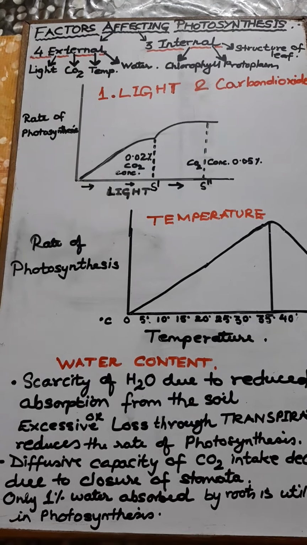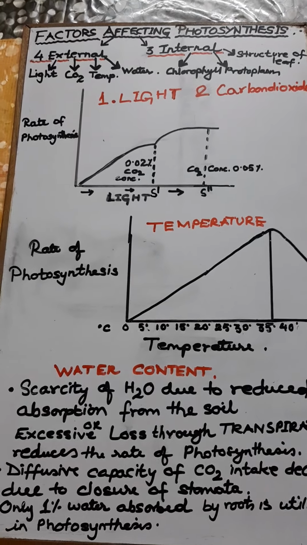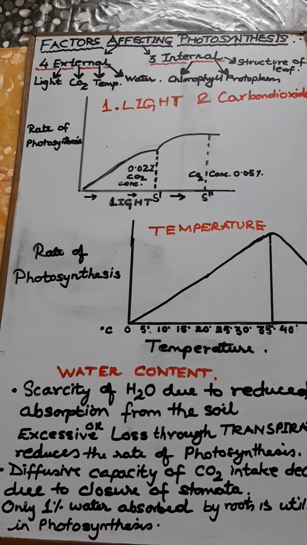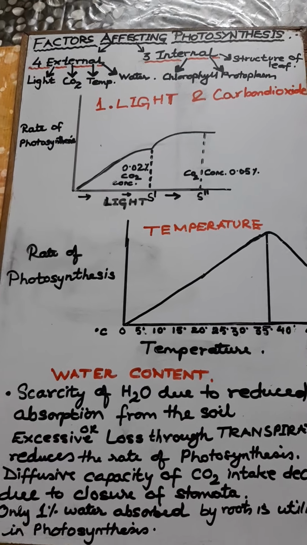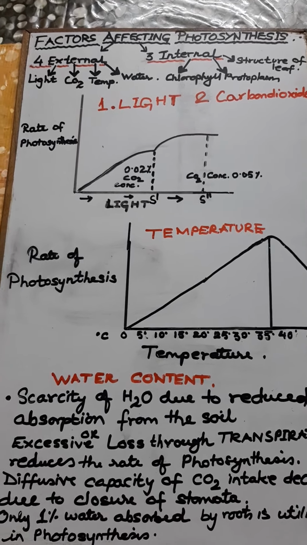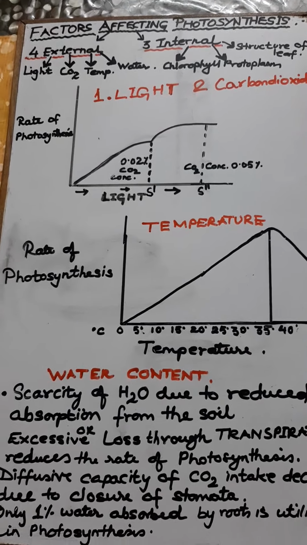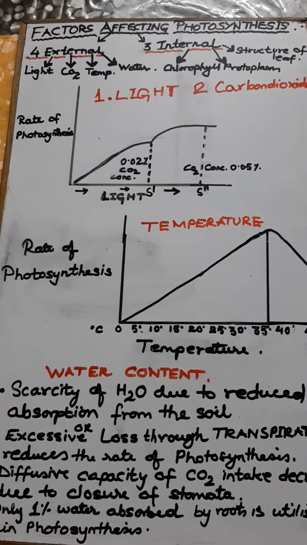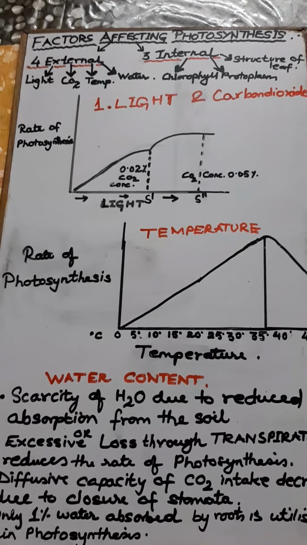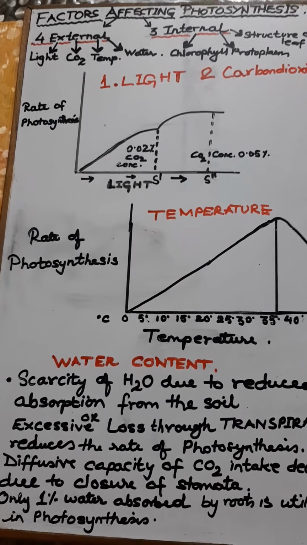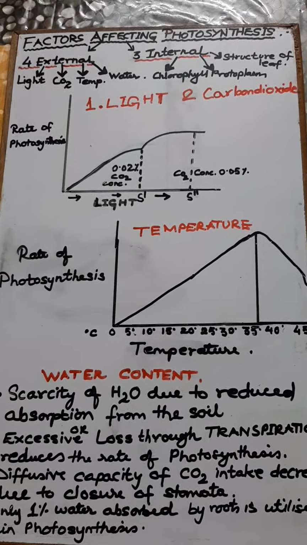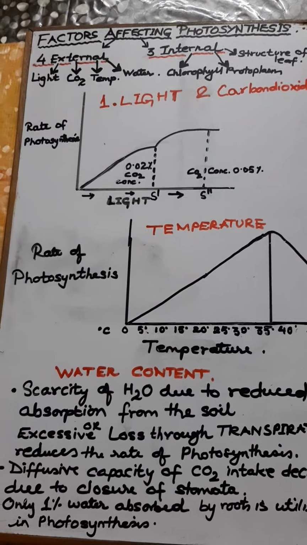Because the carbon dioxide will not be able to diffuse inside the plant, because the stomata, they tend to close when water capacity is less in the body. So this decreases the diffusive capacity of carbon dioxide.